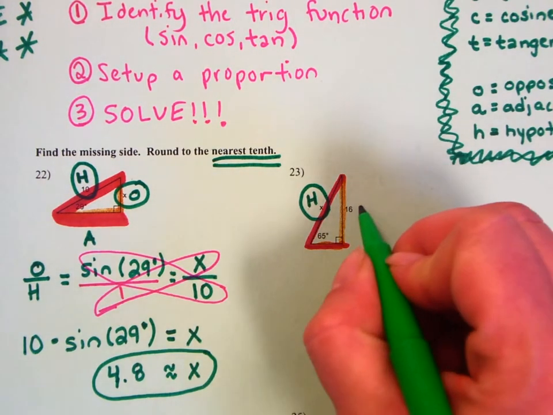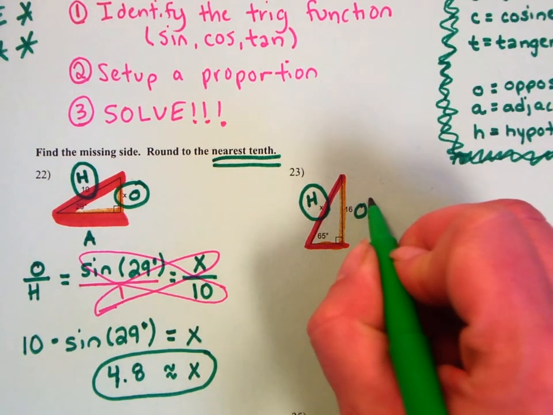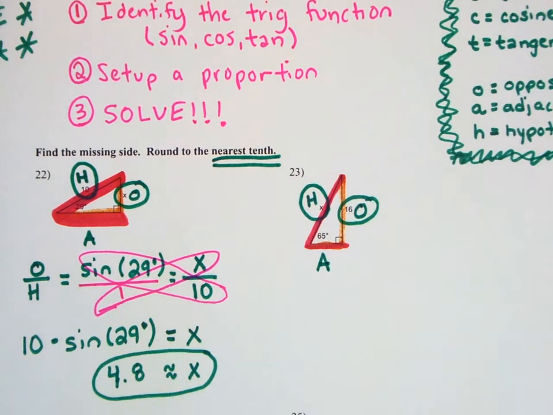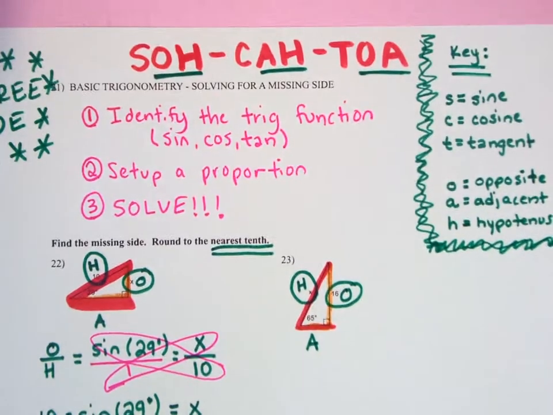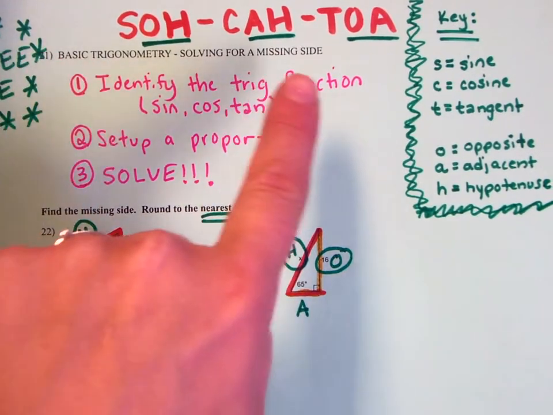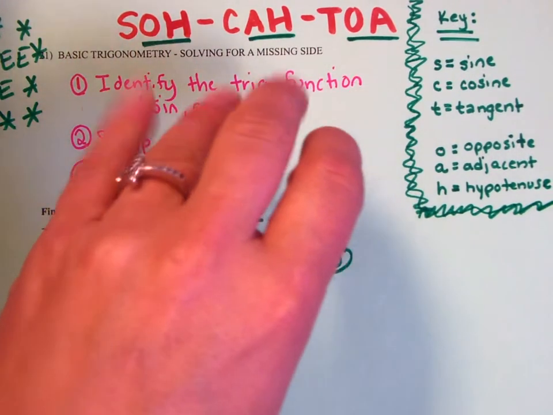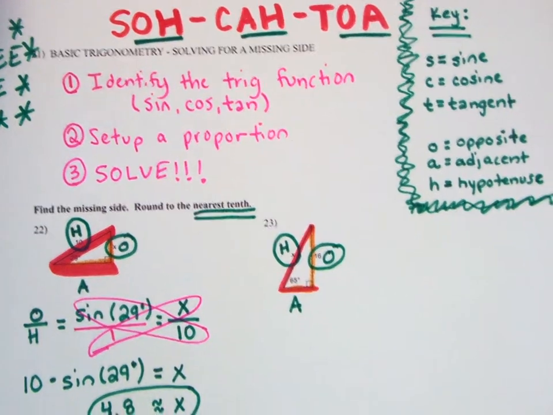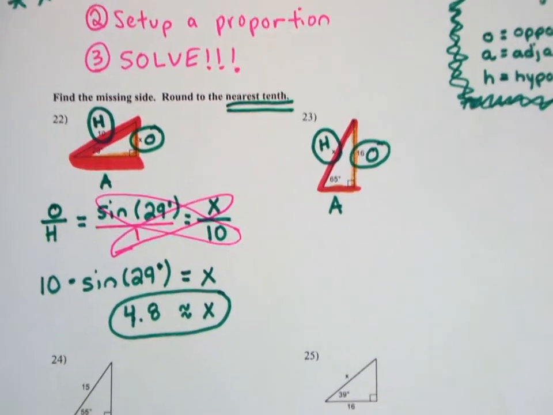So my opposite is 16, which means the blank side is my adjacent. I had information about O and H. So once again, we go back up to our SOHCAHTOA. Which one has O and H together? The SO. So I'm going to use sine once again.